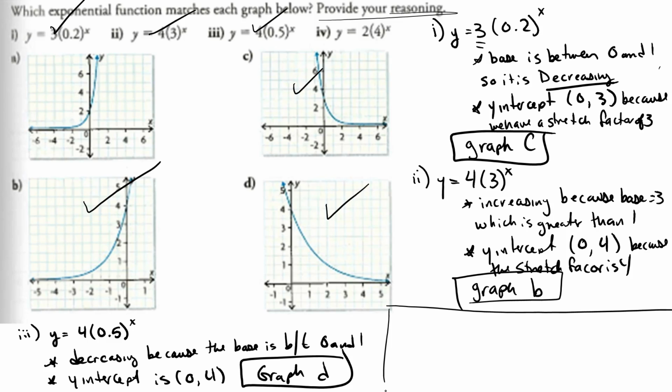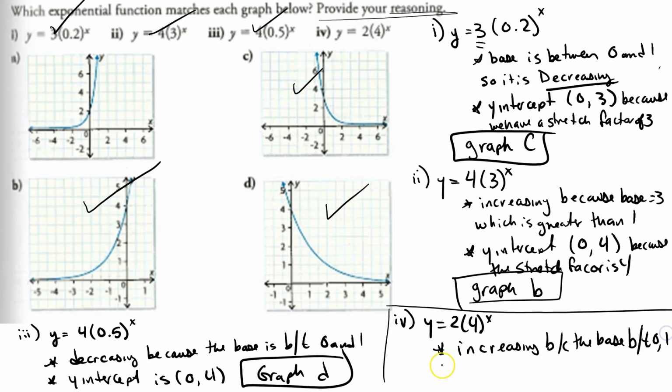And last but not least, one of them, we could just say, we know that number 4 is A because it's the last one, but let's just analyze it. So IV, y equals 2 times 4 to the x. We know that it's increasing because the base is between 0 and 1.